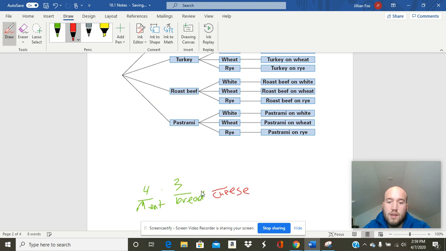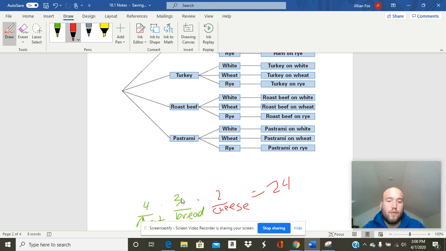So it's either yes or no. So that's going to be 2 choices. So I would multiply 4 times 3 times 2. That gives me 4 times 3 was 12 choices. Now if I have the choice on each of those to either have cheese or not, I multiply by 2, and I get 24.